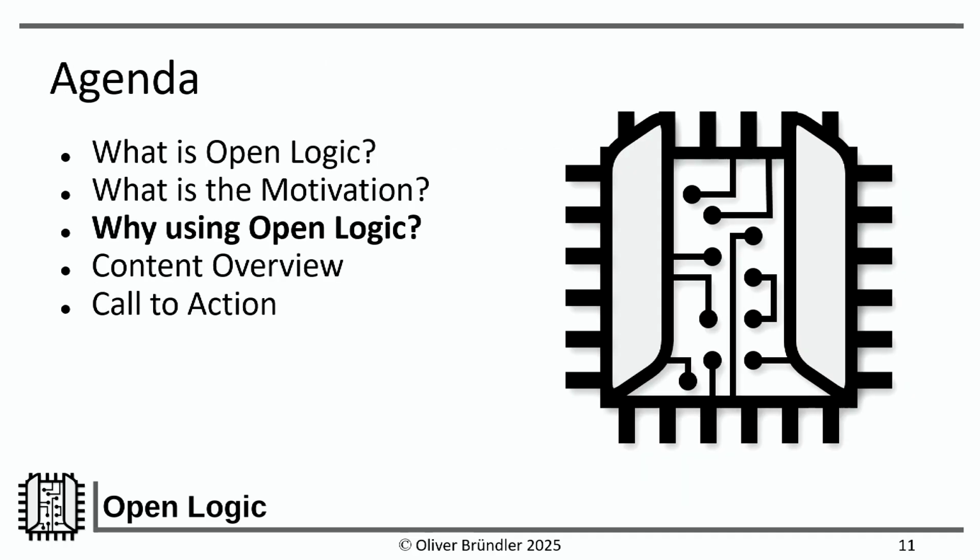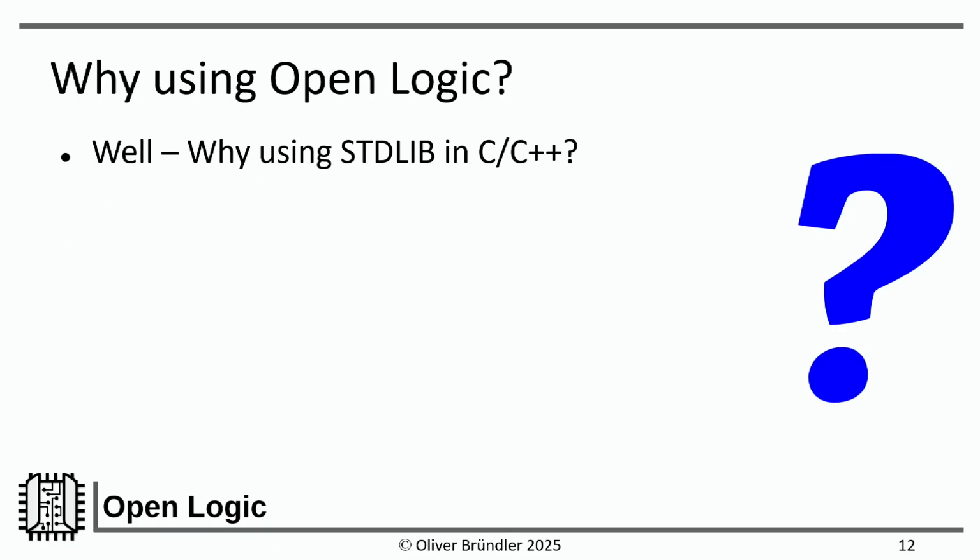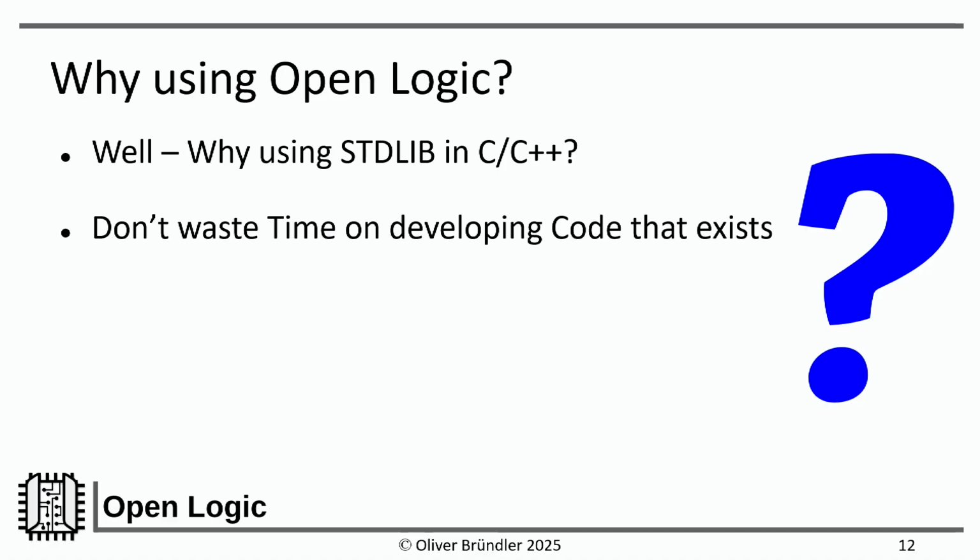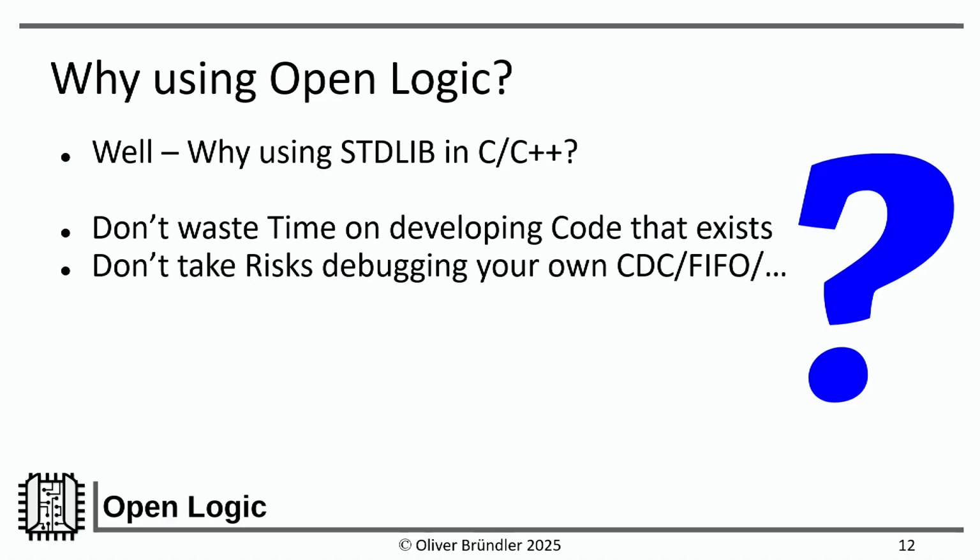So why should you be using OpenLogic? What are the benefits? Well, let's ask another question. If you are programming C, C++, why are you using the standard library? You don't want to waste time on code that already exists. In C++, you don't want to write dictionaries, and in logic, you don't want to write clock crossings, right?